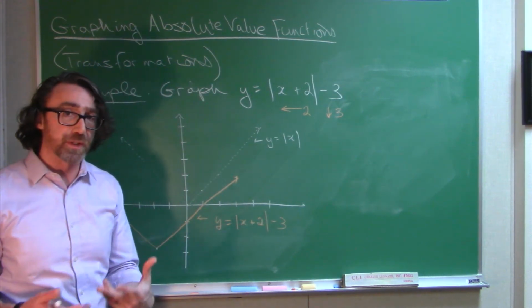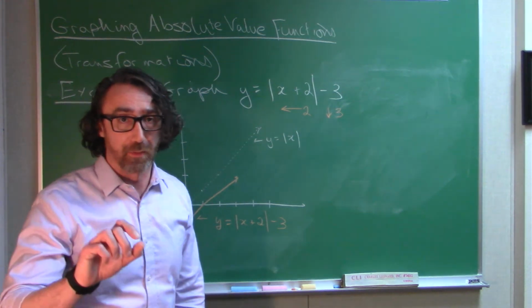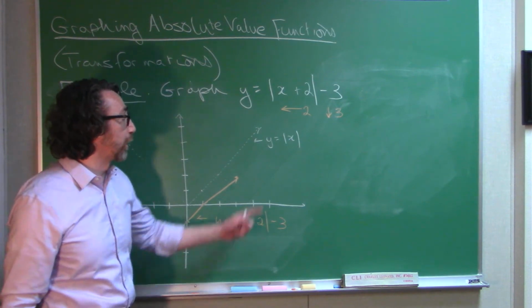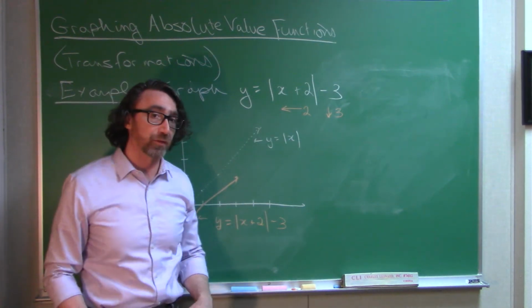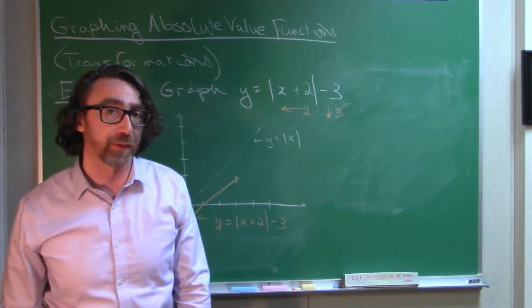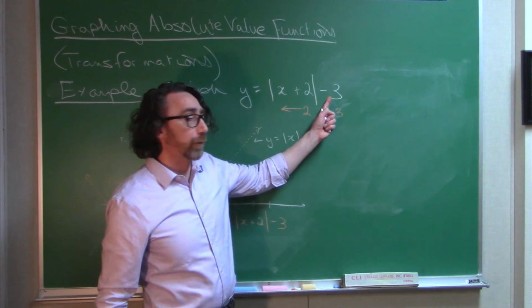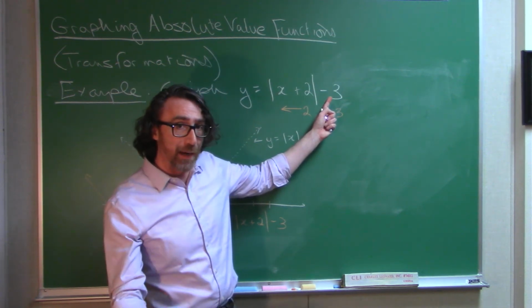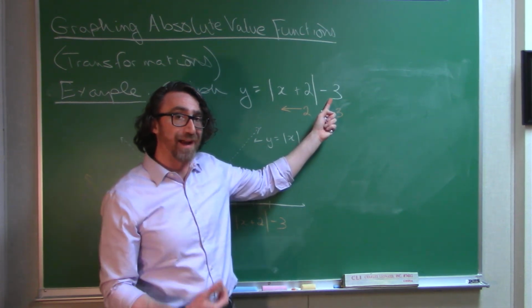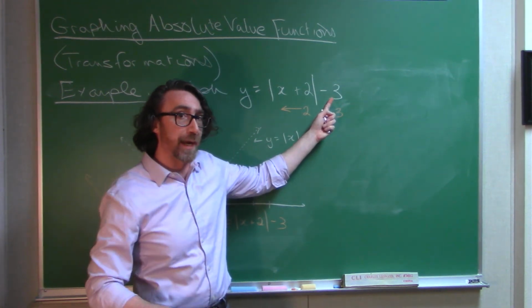So the basic principles, and we're going to see this more when we talk about transformations in general, are: if you replace x with x minus something, that moves you to the right. If you replace x with x plus something, that moves you left. Changes to the outside of the function affect the graph vertically. If you add, it moves you up. If you subtract, it moves you down.